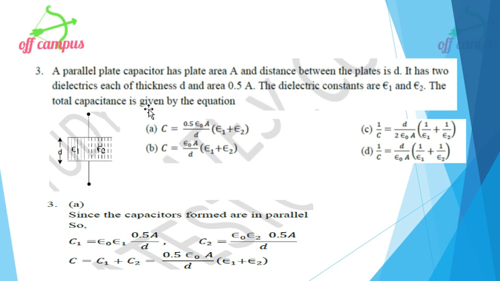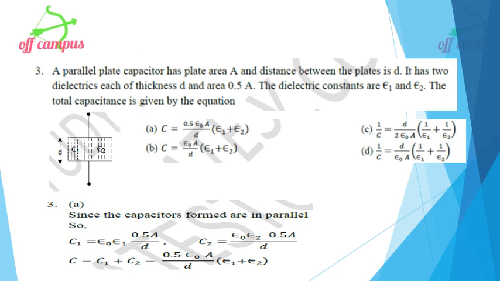Since it is a parallel plate capacitor, both capacitors are in parallel connection. When the capacitors are in parallel, how will the total or equivalent capacitance be? Just adding the capacitance values. So, C equivalent equal to C1 plus C2.